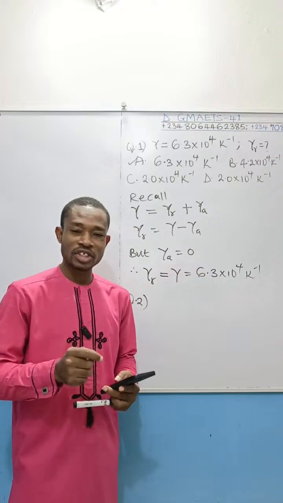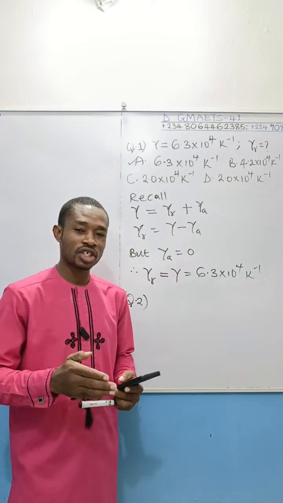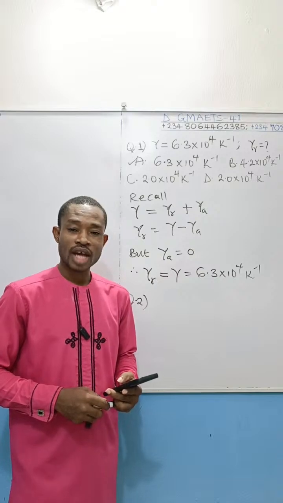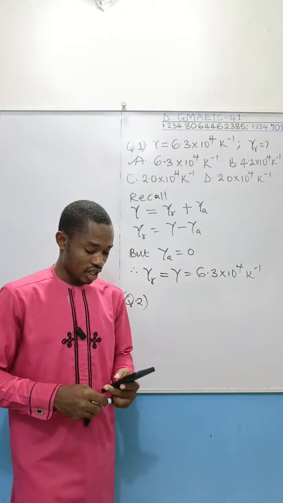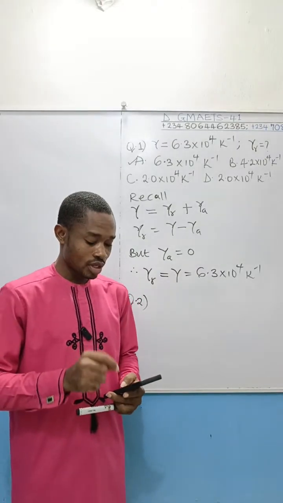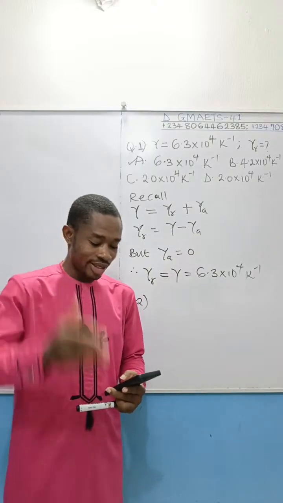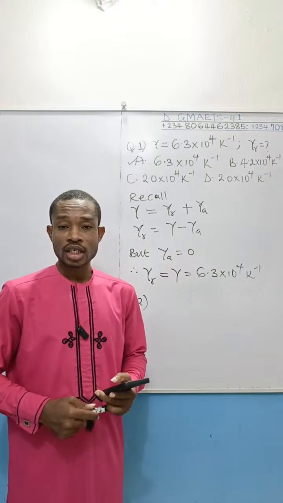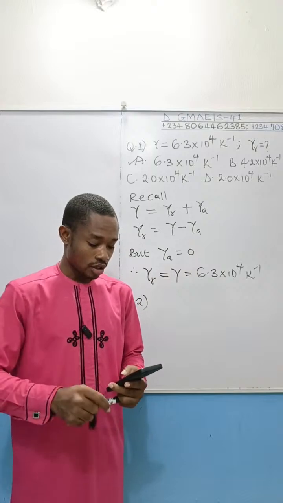If the coefficient of linear expansion is 1.2 times 10 to the power of minus 4 per Kelvin, what is the change in length of the rod?